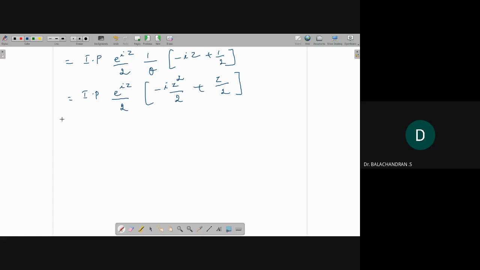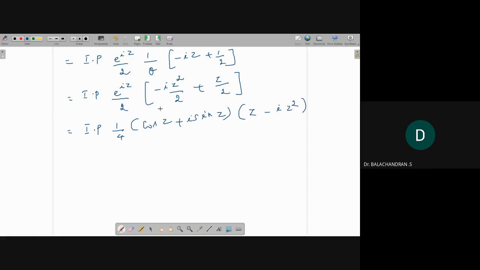So take 2 commonly: the imaginary part of 1 by 4 e^(iz) into (cos z + i sin z) into (z − iz²). Here the real part is z, the imaginary part is minus z².